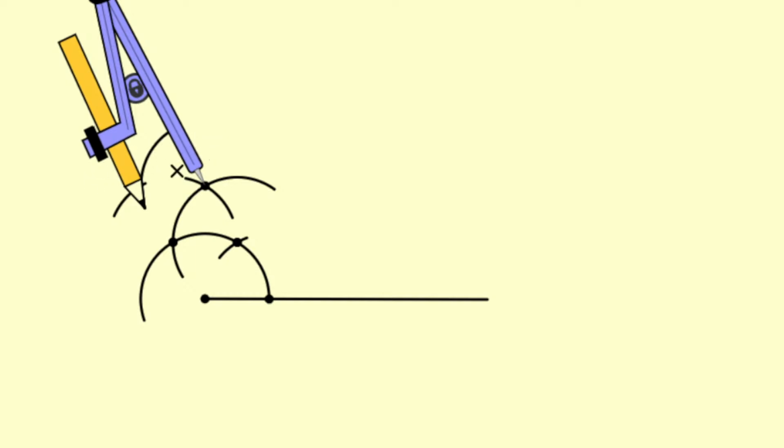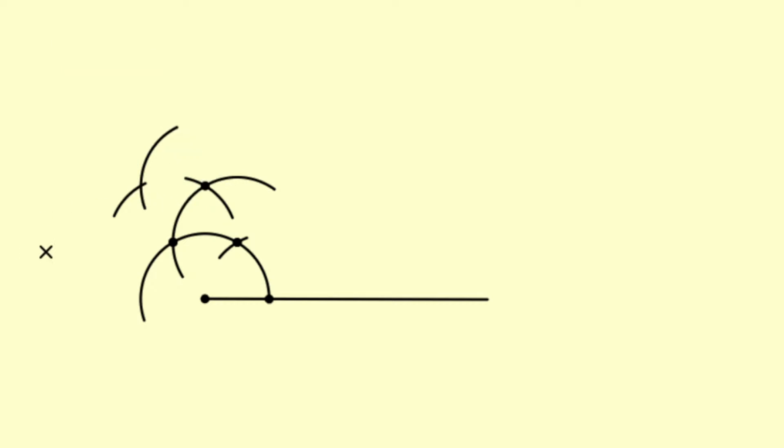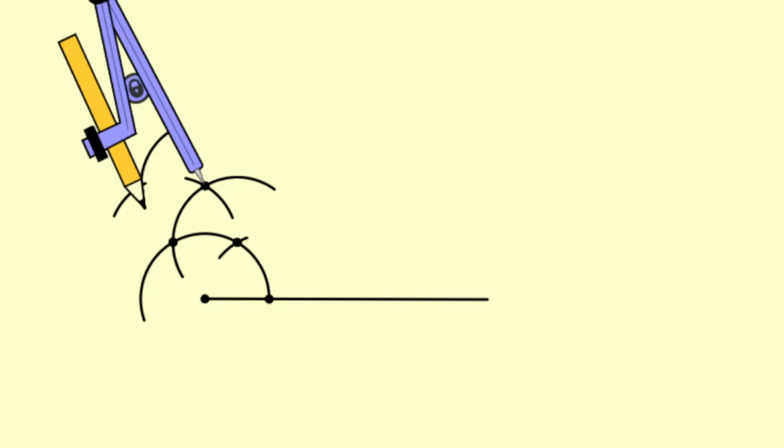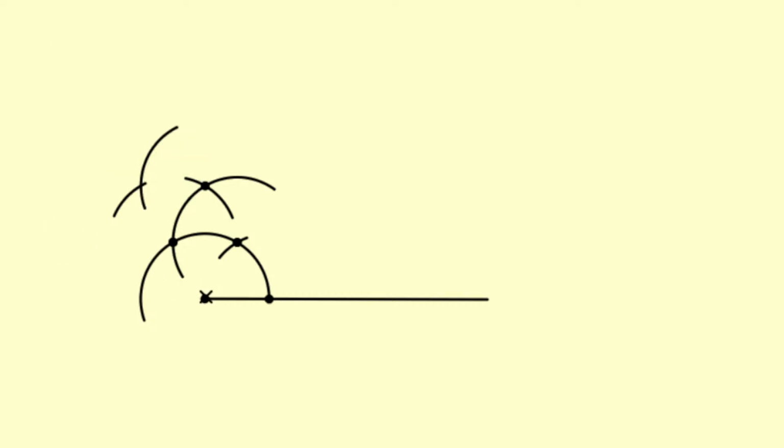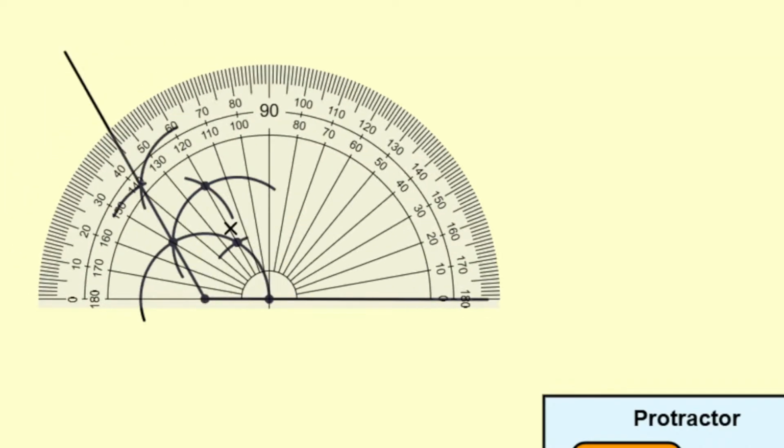So I have drawn two arcs, one from 90 degree and another from 120 degree. Now at this point I can draw one line from point A. This angle is 105.